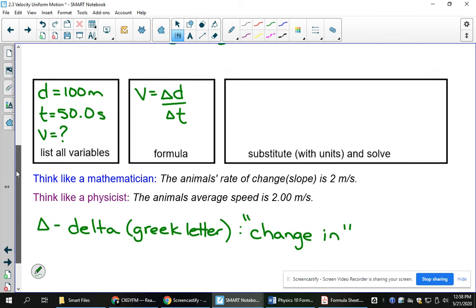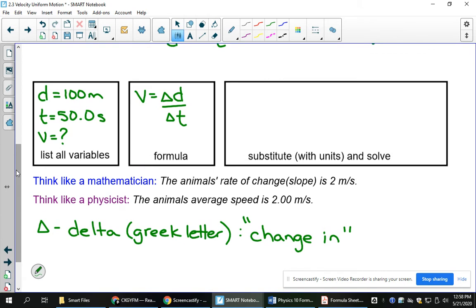So here we go. The next step is to substitute the numbers that I know. On the top, my distance is 100 meters. Numbers are always written with proper sig digs and units. And my time on the bottom, 50.0 seconds. We go ahead and solve. What's 100 divided by 50? It's 2.